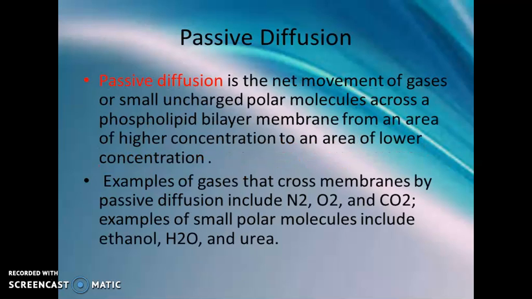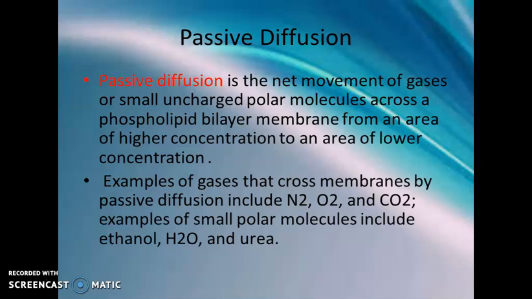First, we can discuss passive diffusion. Passive diffusion is the net movement of gases or small uncharged polar molecules across a phospholipid bilayer membrane from an area of higher concentration to an area of lower concentration.